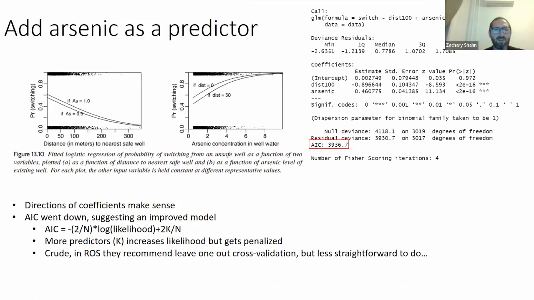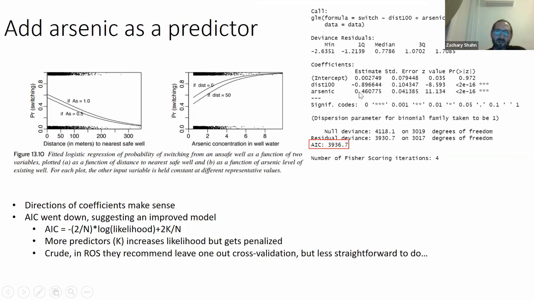So the next thing that they did when they're building up this model is they considered adding arsenic as a predictor. So the arsenic level in your unsafe well. The directions of the coefficients make sense again. The farther away you are from a safe well, the less likely you are to switch wells.